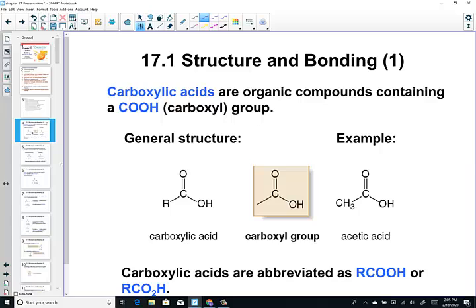The first thing we'll do is just draw a general structure for these compounds. And the first general structure we'll look at is the carboxylic acid, the COOH. And you hear me say COOH to represent a carboxylic acid. Notice that these are always at the terminal end of a carbon chain. The terminal end is this carbon right here from a longer carbon chain.